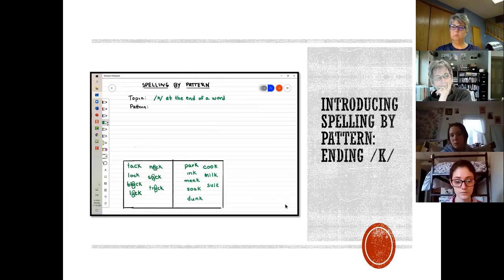And that's different because in some cases it ends in a vowel, but it's a variant vowel or a long vowel.